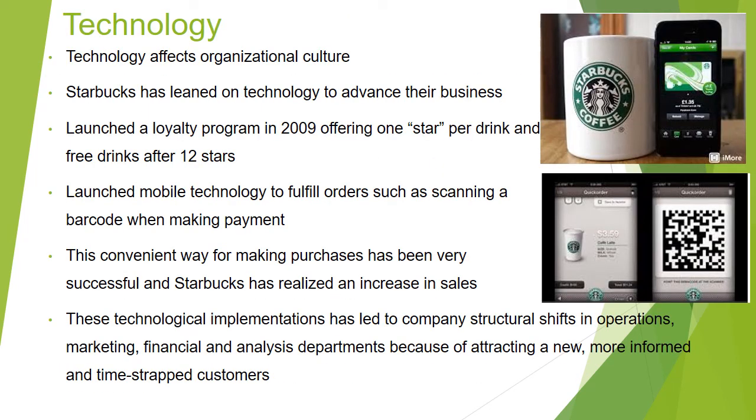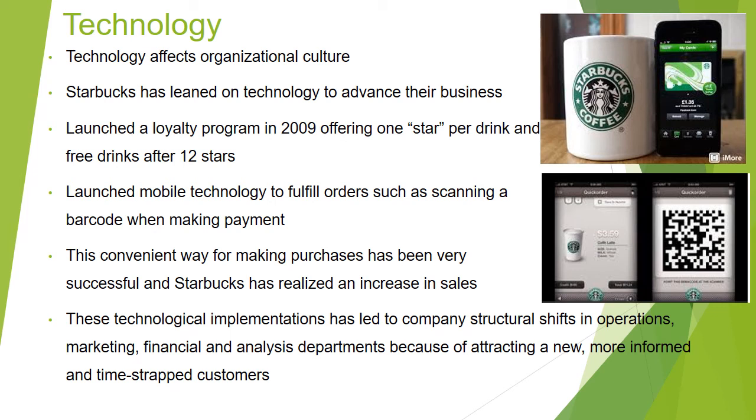Technology affects organizational culture. Starbucks has learned to use technology to advance their business. It launched the loyalty program in 2009, offering 1 star per drink and a free drink after 12 stars. It also launched mobile technology to perform orders, such as scanning the barcode when making an order or making a payment.